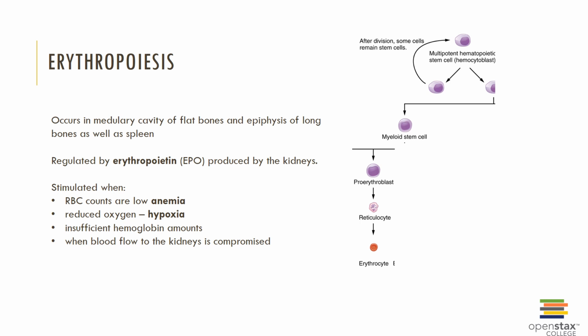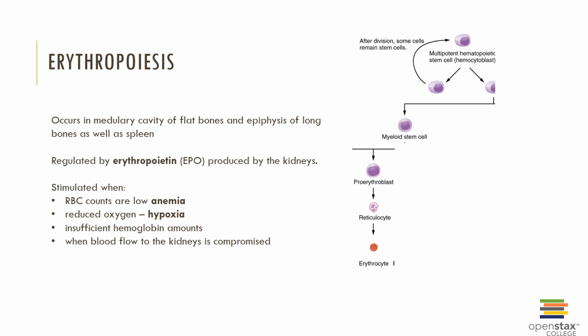It begins with a hemocytoblast, a stem cell within the red bone marrow that multiplies by mitosis to form myeloid stem cells and lymphoid stem cells. The myeloid stem cells differentiate into cells committed to become red blood cells called pro-erythroblasts.